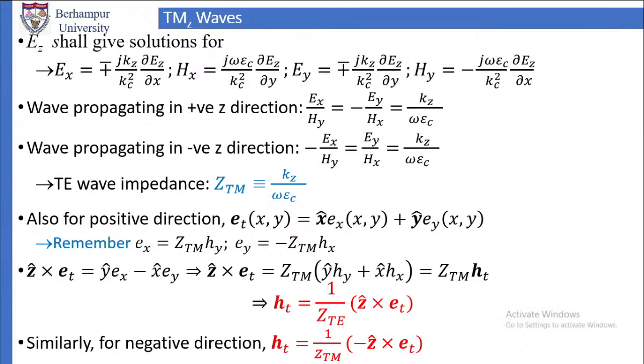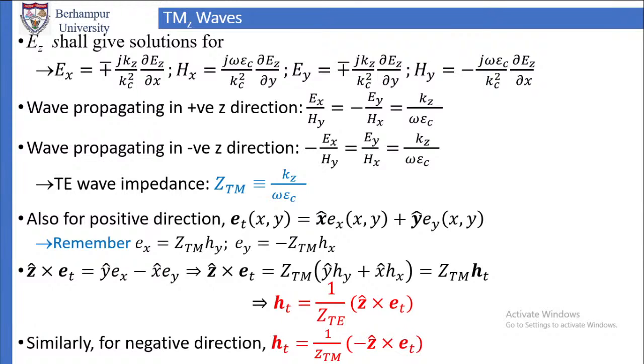Since we are taking the ratio of electric to magnetic field, this ratio will be the wave impedance, and this is the TM wave. Therefore, we'll call it TM wave impedance, not TE wave impedance. TM wave impedance, Z_TM, is by definition kz by omega epsilon_c.